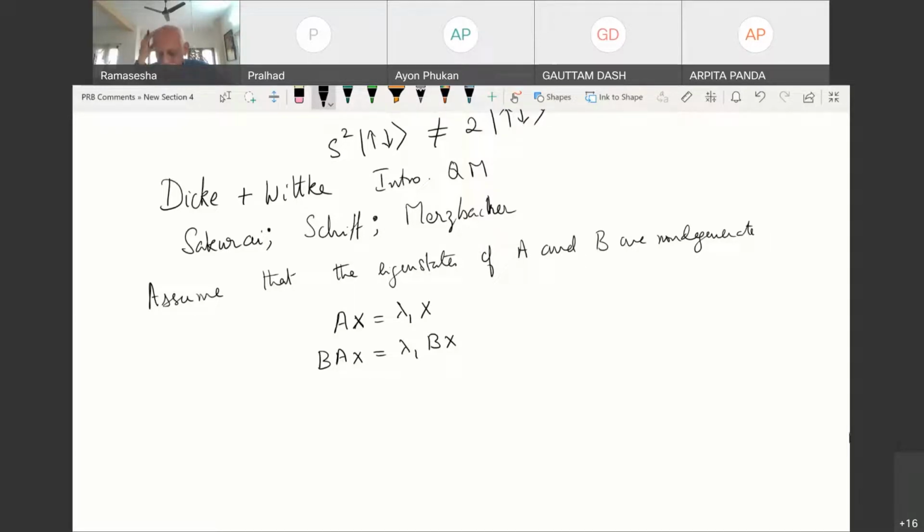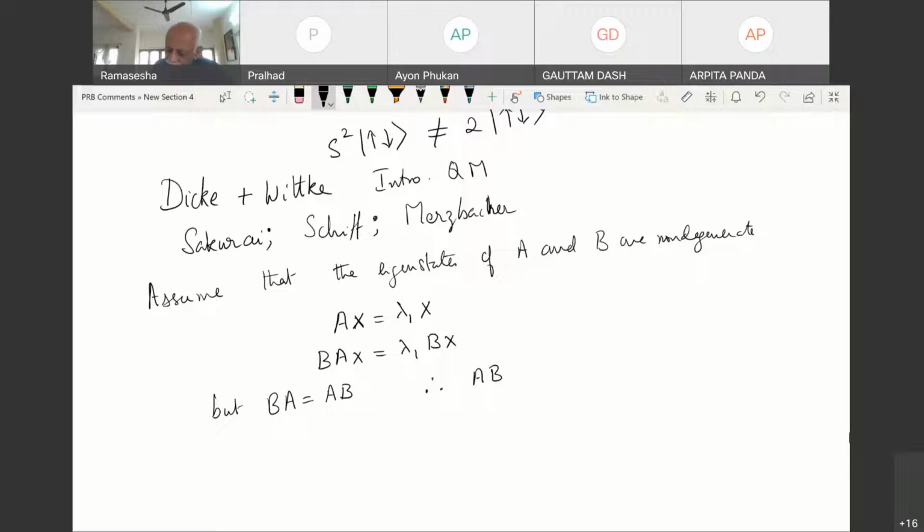Okay, but BA is equal to AB. Therefore, AB x is equal to lambda 1 B x, right?